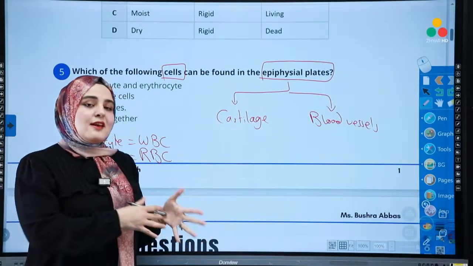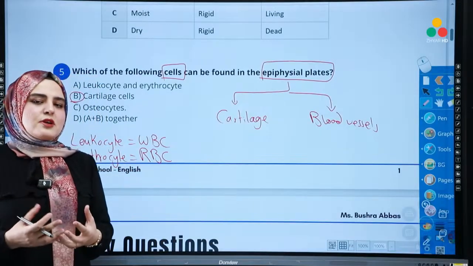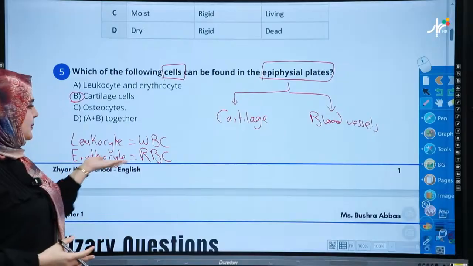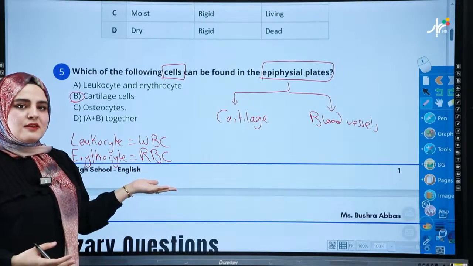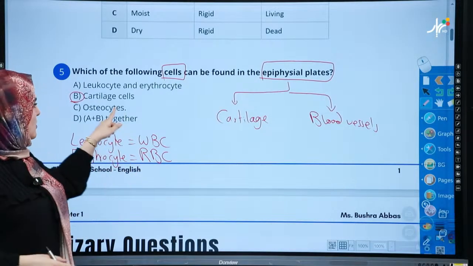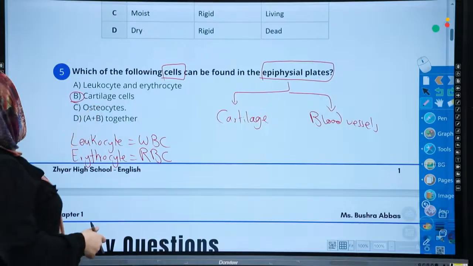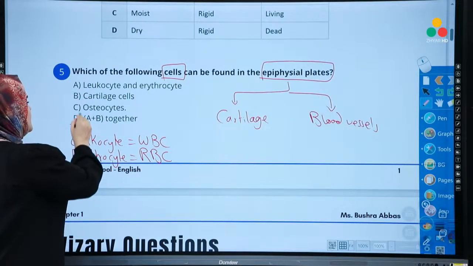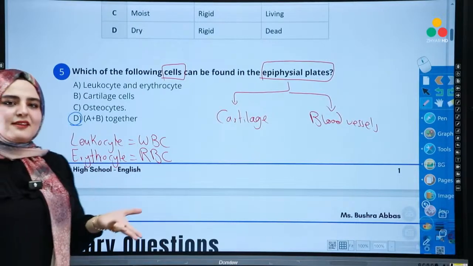Aren't they inside it? Yes. So if a scientist tries to extract all the cells from that area, of course there will be blood and white blood cells in it. So this area not only holds cartilage cells, but both of them. That means that this answer is wrong, and we're gonna switch it to A and B together.